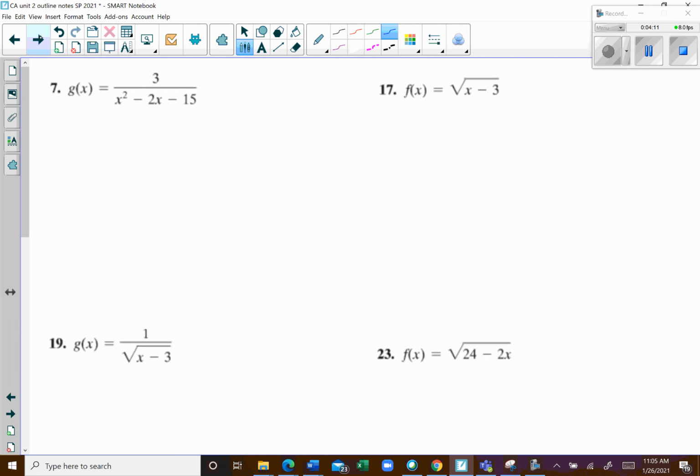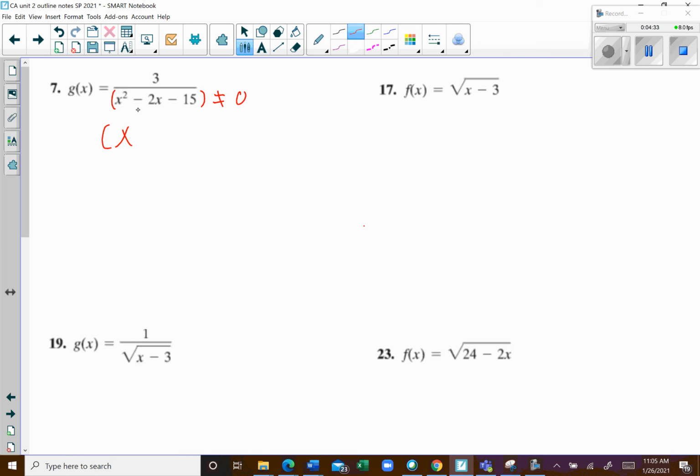Okay, so if you look at number 7, number 7 is a lot like the fraction we had on the other page, except that I need to factor that, and I'm actually going to have 2 excluded values. So remember, we don't want to let the denominator equal 0, so we're going to figure out what would cause that to happen. So I'm going to factor this.